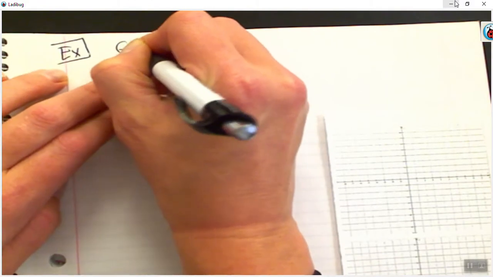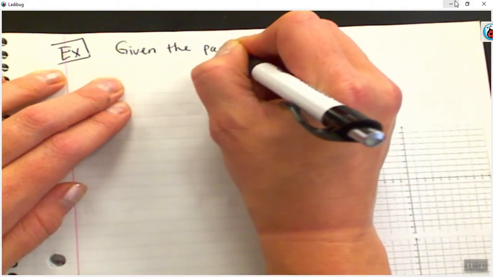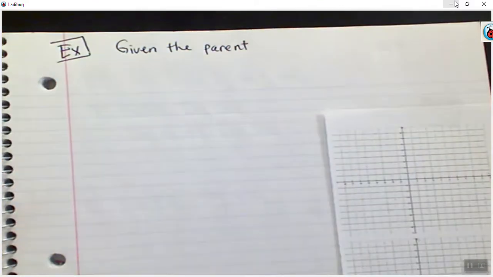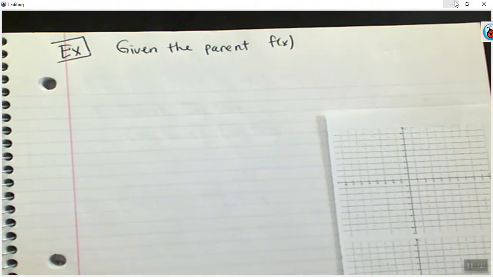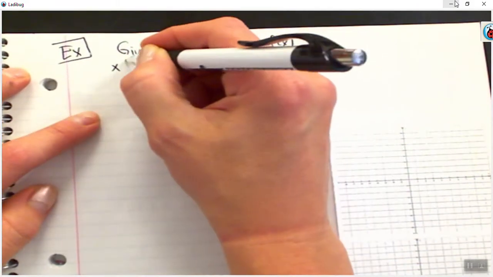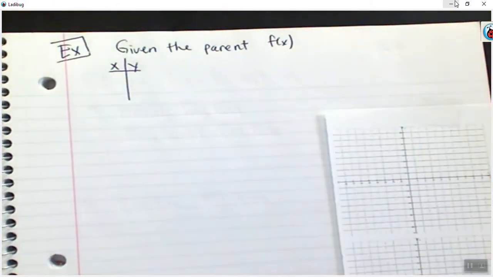Okay. Now at the very top of my page, we're just going to start the examples here. Given the parent, we're going to call the parent f of x. It's only going to be 3 points. I'm graphing it up here on purpose so that I can actually use my grids to draw.